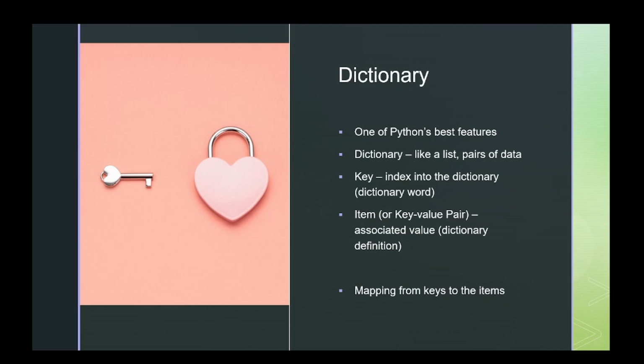The second part is the value or the item, sometimes called a key value pair, and that is the value associated in some way, shape, or form to the key. Again, using that dictionary example, it would be the dictionary definition of the dictionary word. In a dictionary, you are going to map from keys to these values.